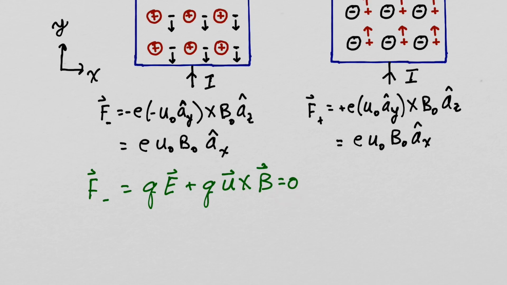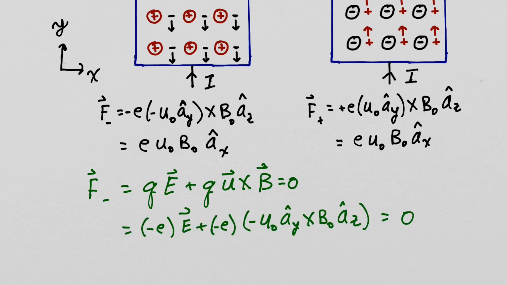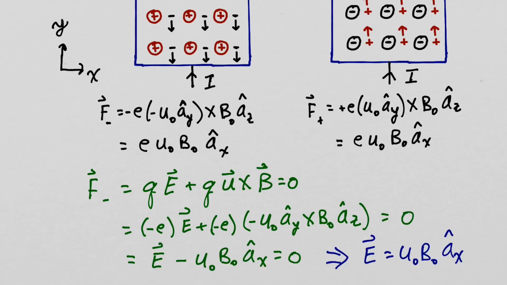Substituting in terms for q, E, u, and B, we can solve for the electric field intensity. Dividing both sides of the equation by minus e, and a_y cross a_z is a_x, we can now solve for the electric field intensity.